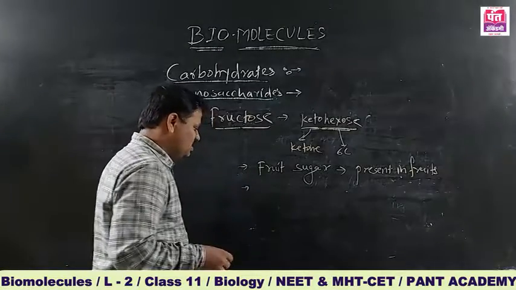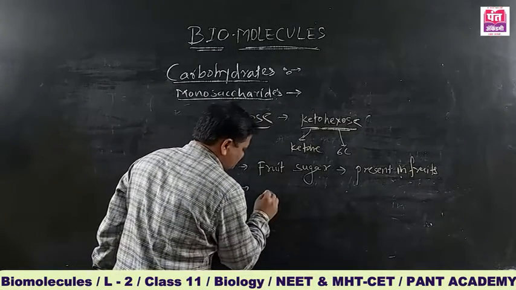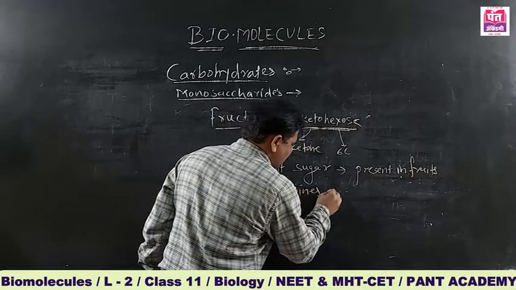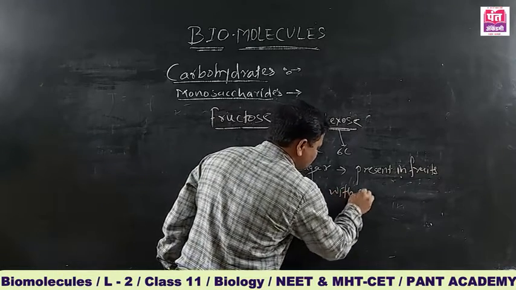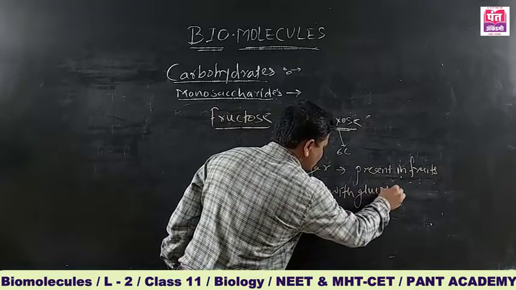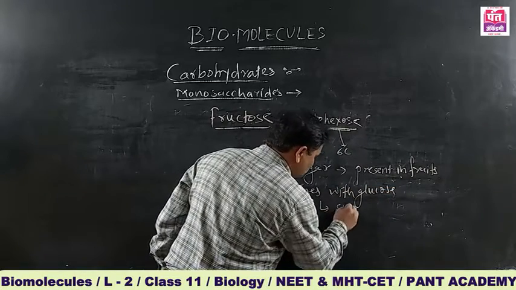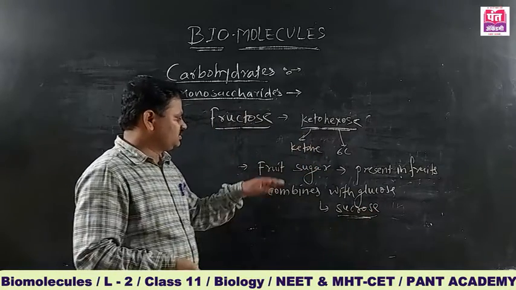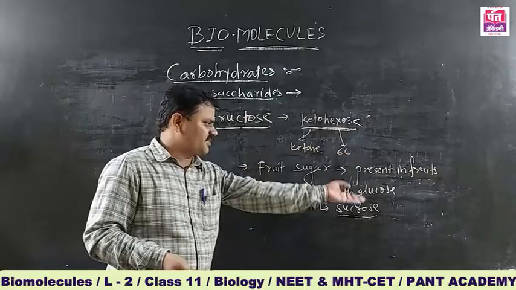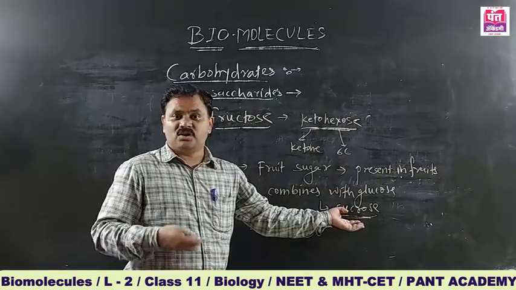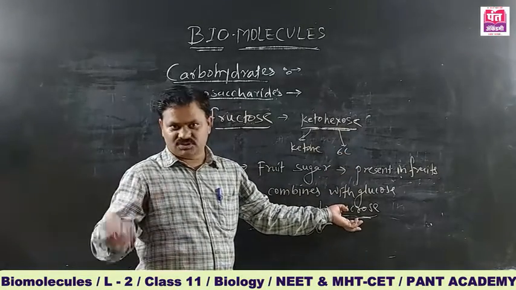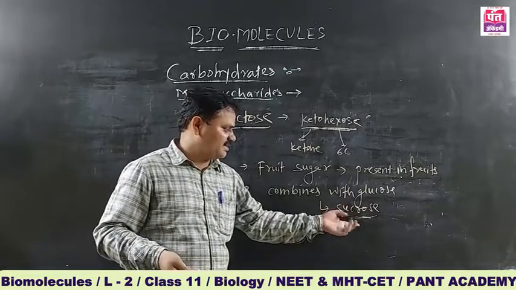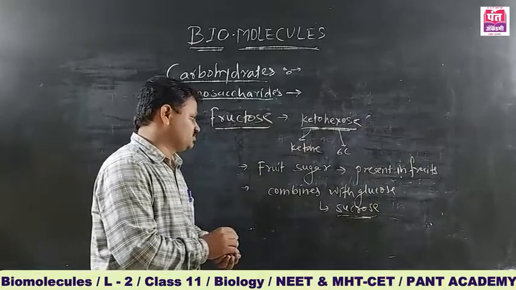This fructose combines with glucose and forms sucrose. Therefore this fruit sugar is very important in the formation of another kind of disaccharide, another kind of carbohydrate, and that is sucrose.